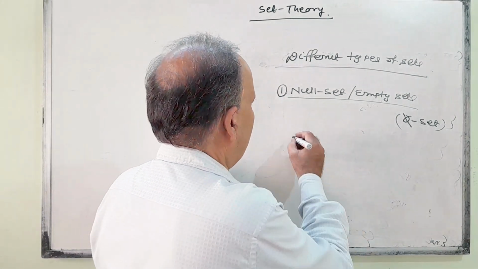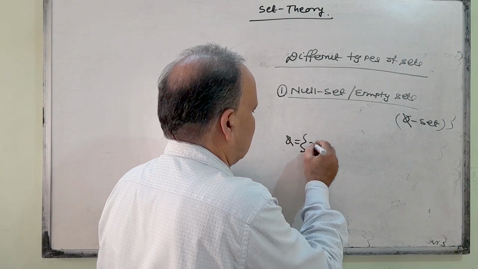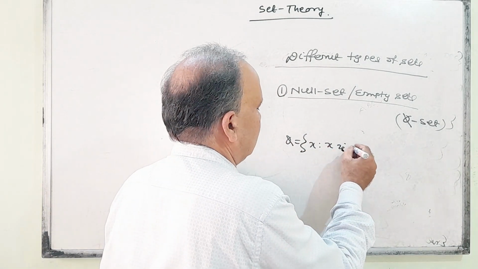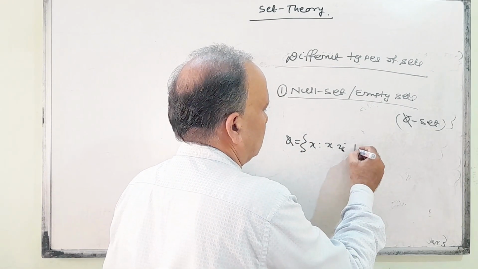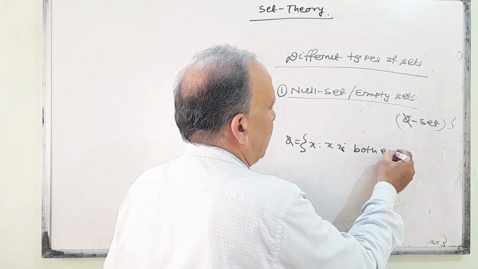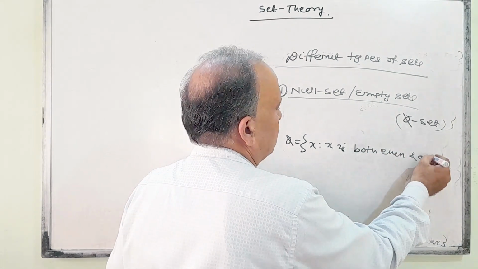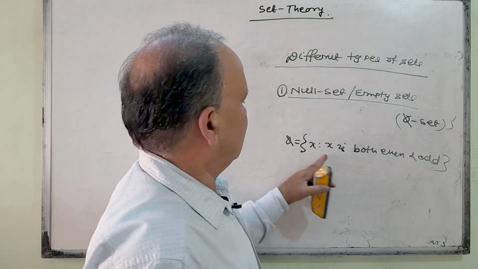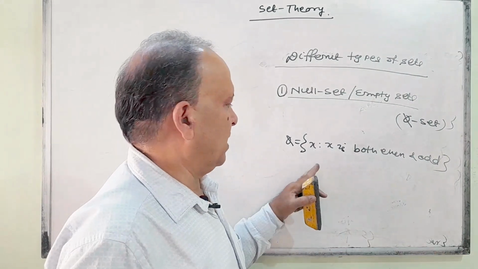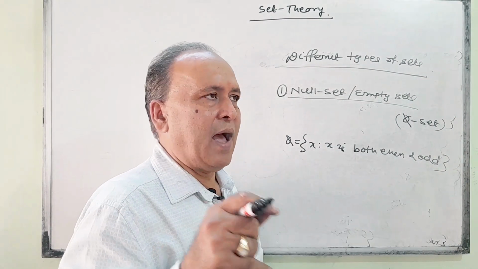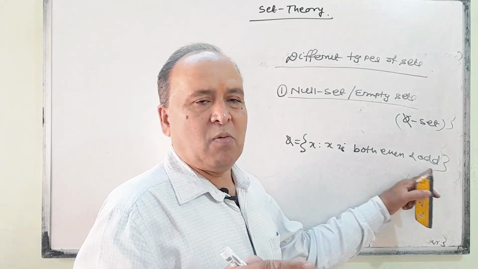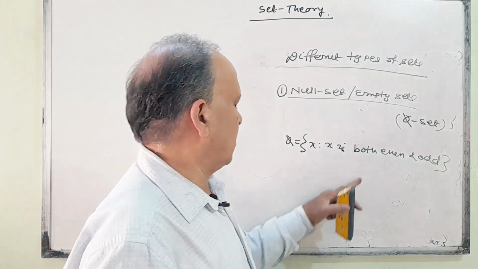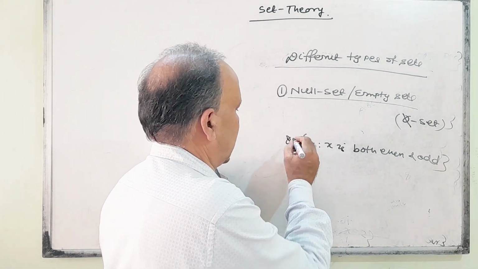Like this, phi is equal to x such that x is both even and odd. It is quite impossible. X is both even and odd, because there is no number which is at a time both even and odd. So this is your null set.